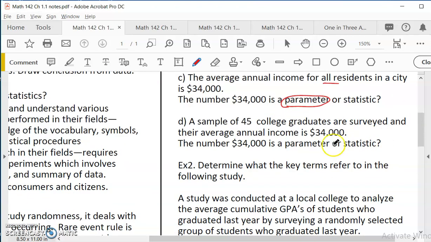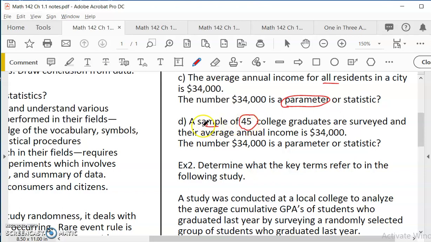D. A sample of 45 college graduates is surveyed and their average annual income is $34,000. So sample, and you do not collect everybody. You do not survey all of the college graduates, only a sample of 45, right? So you will see that the size is specified and is smaller.